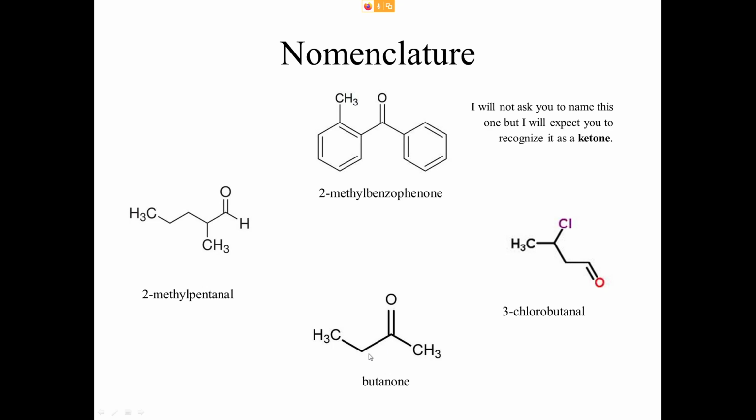Maybe on 3. So erase it here in your mind and redraw it down here on number 3. Isn't that the same molecule if I start counting from this end? Yes. So it's still on 2.